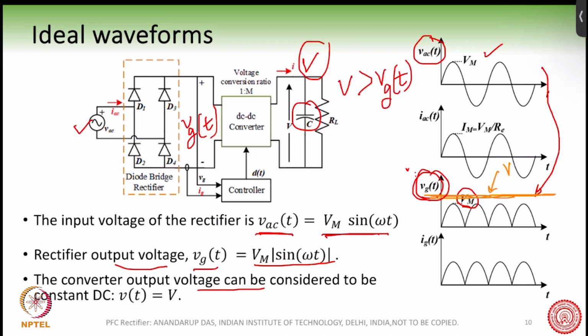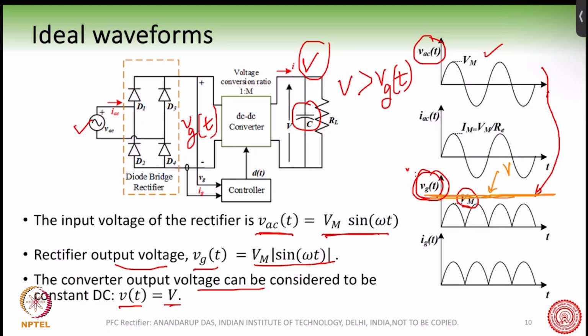So the output voltage is almost constant. We can assume this without much difficulty. VT is constant, the output voltage.